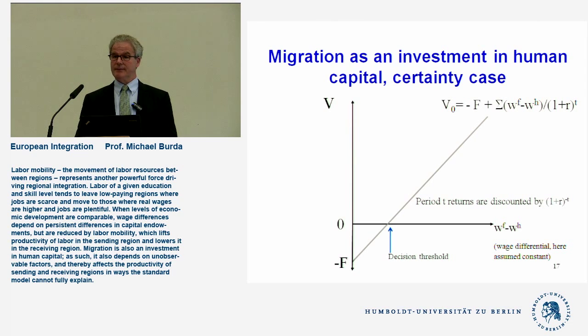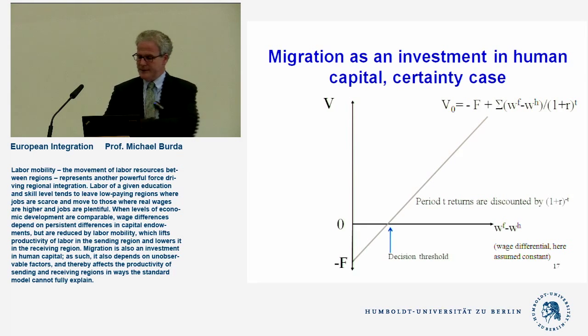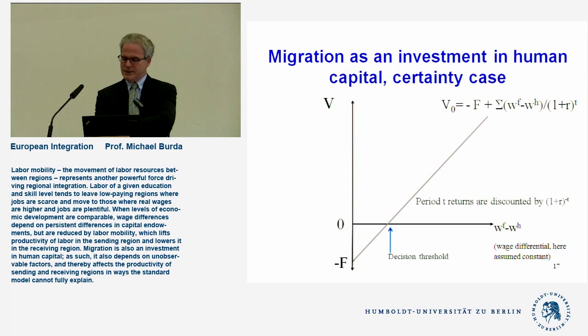Simple discounting. So these workers are facing perfect certainty. There's no risk involved, and they discount by R, which is the rate of interest. So if the rate of interest is low, like it is today, maybe 1 or 2%, this is going to be a fairly large weight on future income.